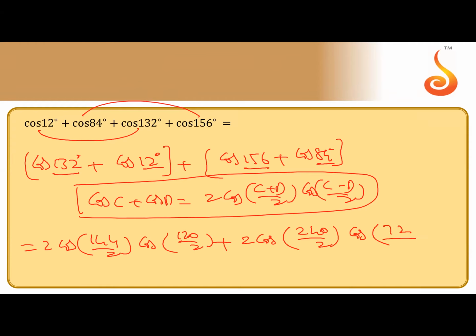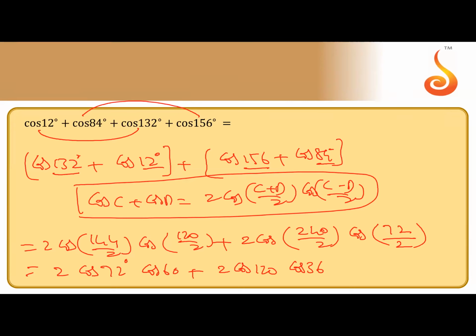Correct, no? 72 by 2. So this value will give 2 cos 72 cos 60 plus 2 cos 120 cos 36.